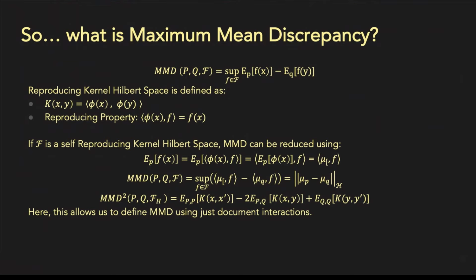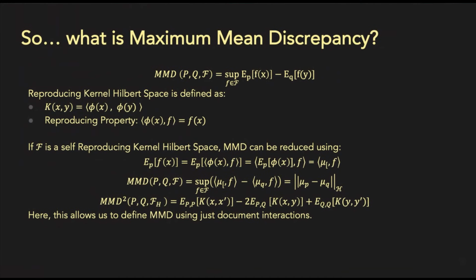This is kind of an intractable problem, but if we assume the family of functions F to be a reproducing kernel Hilbert space, which we have defined there, it has some nice properties.